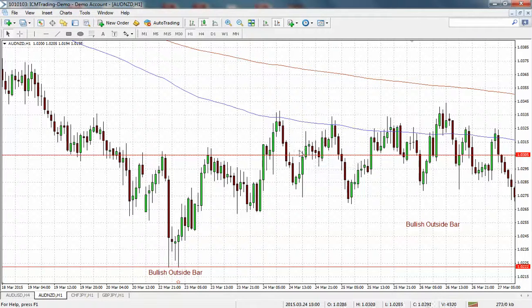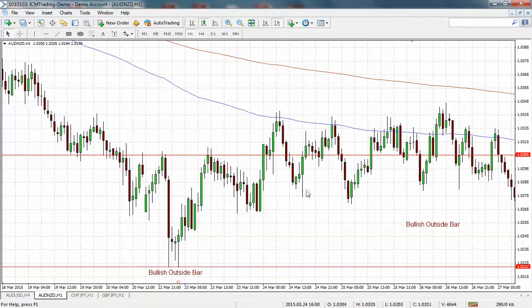This is a bullish outside bar, and it looks pretty. It's a very nice bullish outside bar. This high is higher than the previous high, and the low is lower than the previous low. So it completely engulfs this previous bar, and this close closed well above this previous close, which gives you this nice little bull area here.